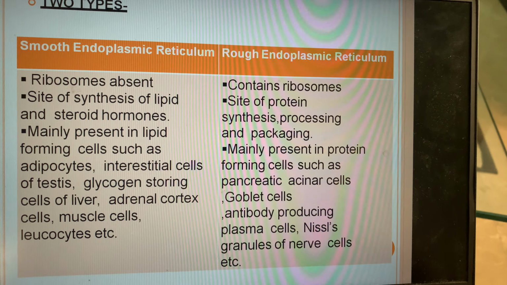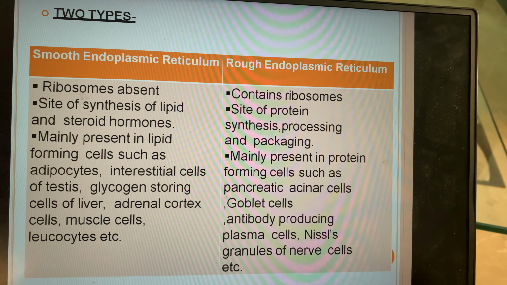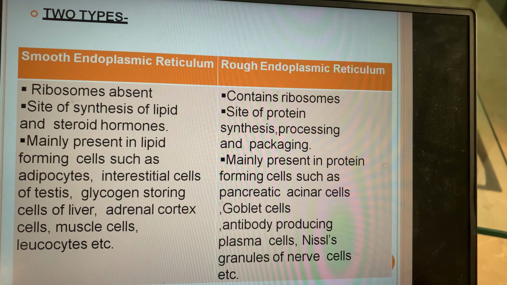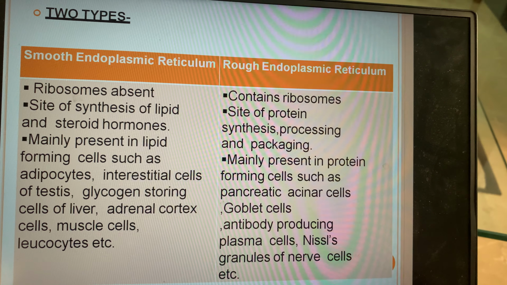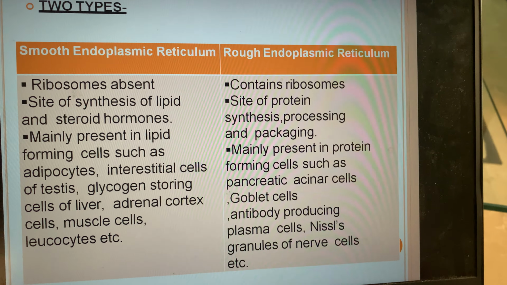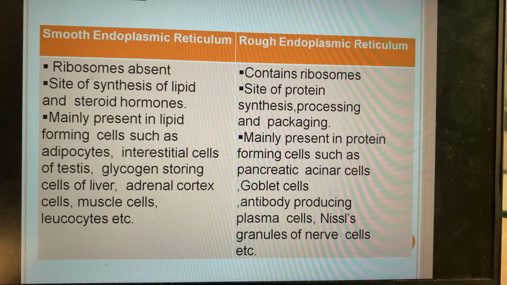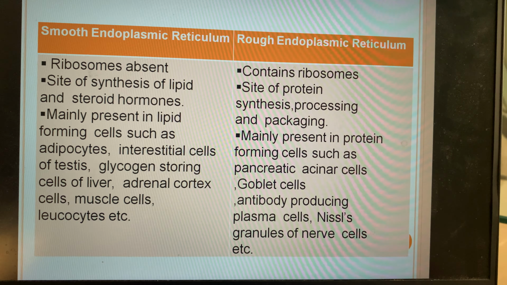There are two types of ER, smooth and rough endoplasmic reticulum. In smooth endoplasmic reticulum, there are no ribosomes on the surface, but the rough endoplasmic reticulum has ribosomes, which help in the synthesis of protein.